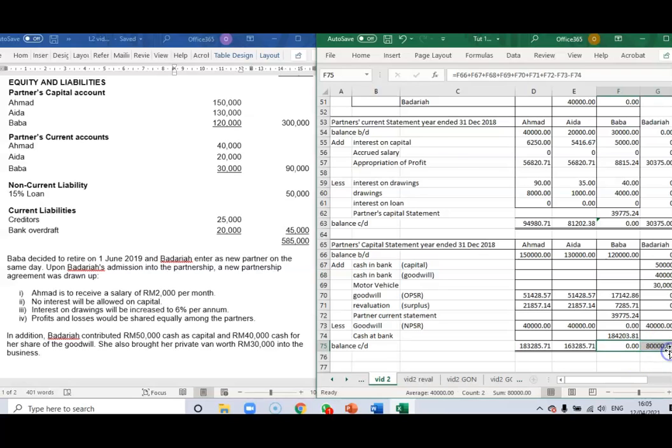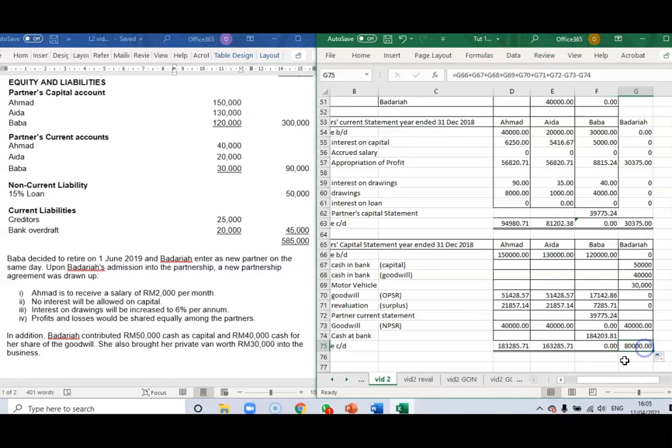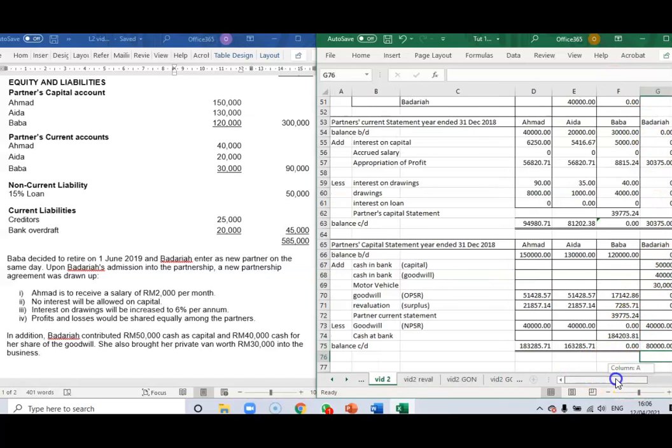Okay, now have a look at Badaria. 10,000. So the balance carry down in the capital statement, last one is Badaria, is 80,000.